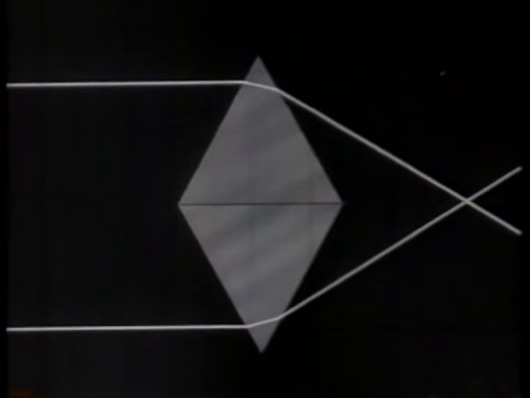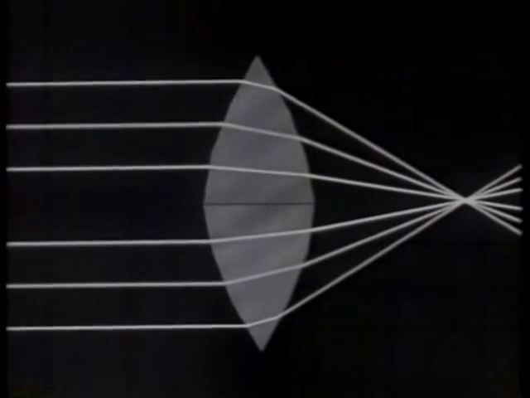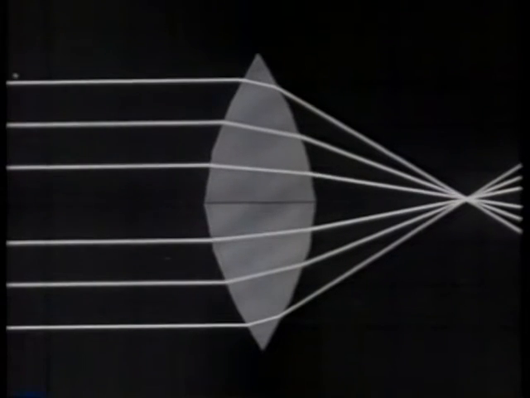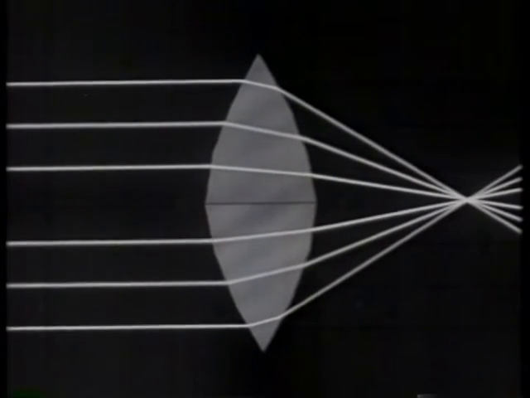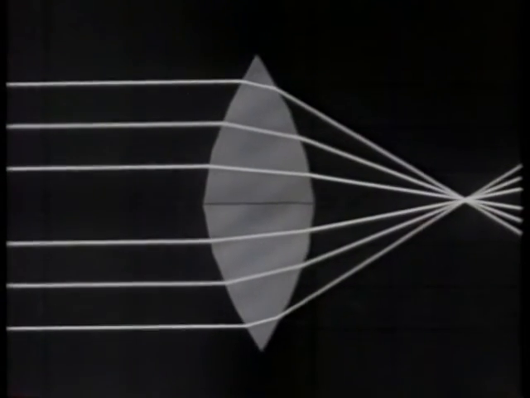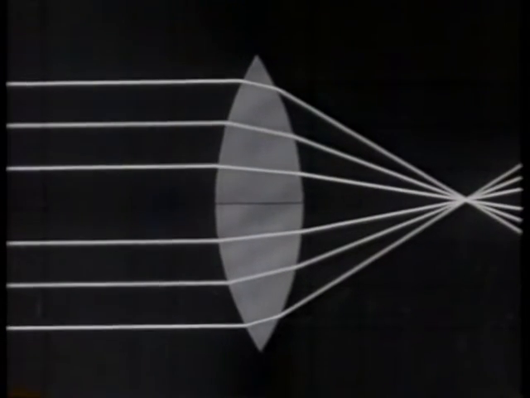Two triangles will bend rays so they converge at a point. Does this look familiar? By shaping transparent materials, you can accomplish a similar effect as a concave mirror. Focus light rays to a point.